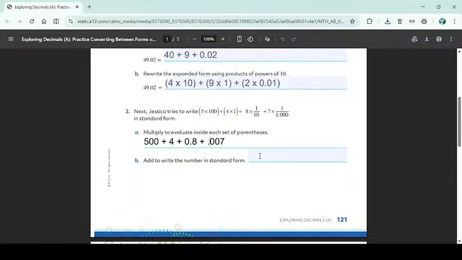Yeah. Add to write the number in standard form. 504.